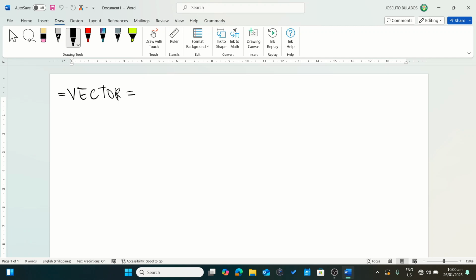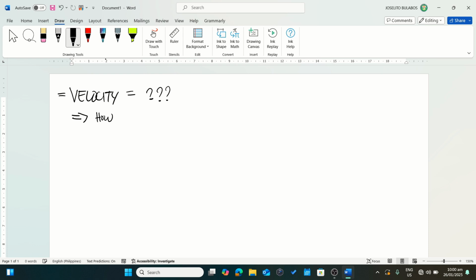So what is velocity? Let us first define velocity. Velocity, just like speed, is all about how fast an object is moving.